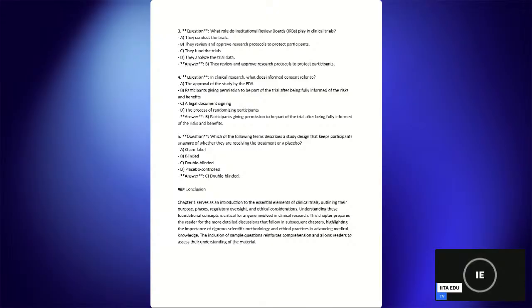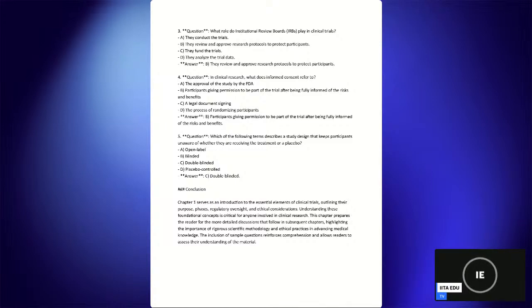But double blind means nobody in the system knows, including the principal investigators, the nurses, and the subject or the patient. The only person that can know a little bit, if possible, is a statistician. But sometimes when the statistician also does not know, then it's called triple blind.